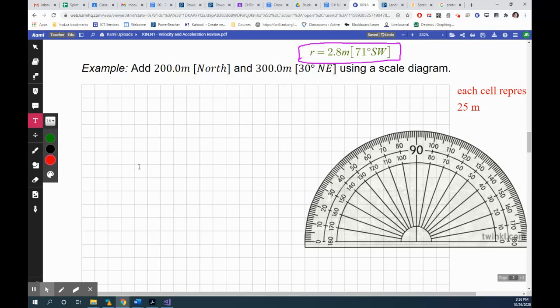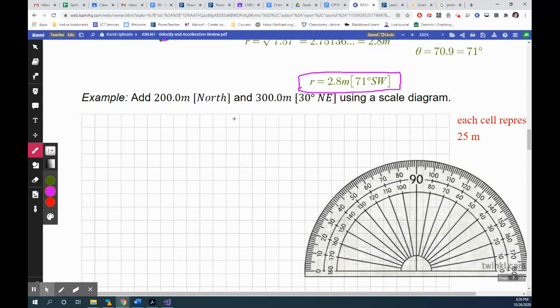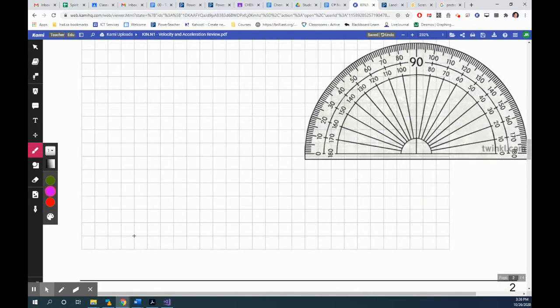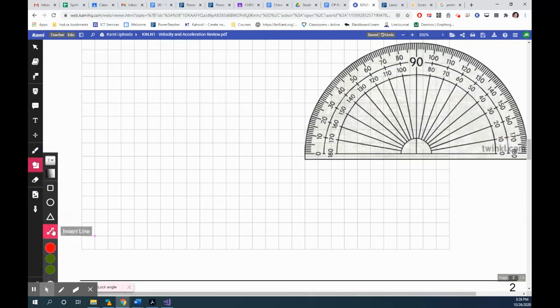Okay, so let's pick a starting point. We're going to go north and then north again, and we're going to go also east. So I'm going to start down here. Right there. That's our starting point. And then I'm going to go 200 meters north. So I want a straight line. So I'm going to get my shape. You should get a ruler. I'm going to go straight north. Remember, each cell is 25.